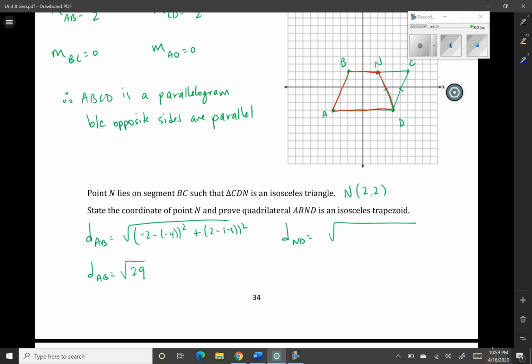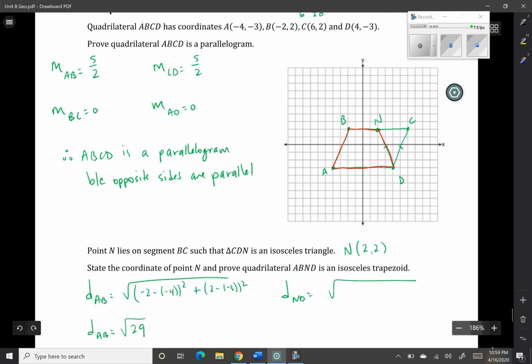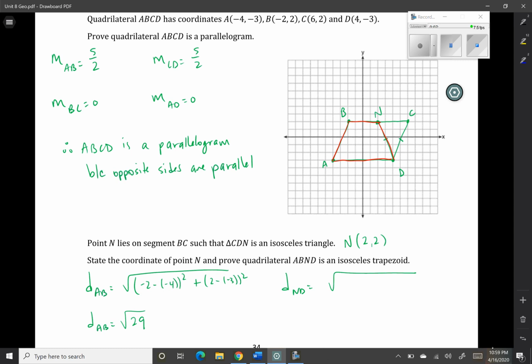For segment ND, I have the coordinate of 2, 2, and I have the coordinate of 4, 3. So if I subtract my x values, 2 minus 4 squared, and 2 minus -3 squared.